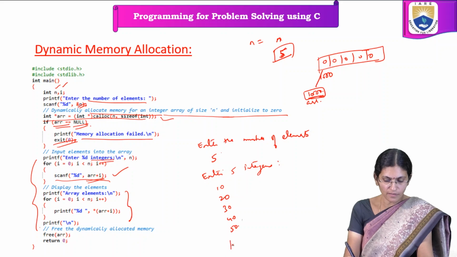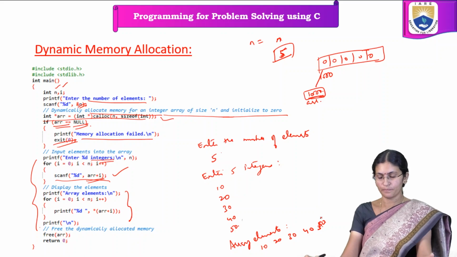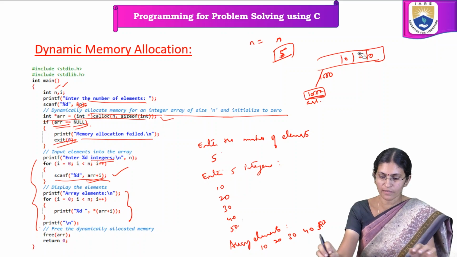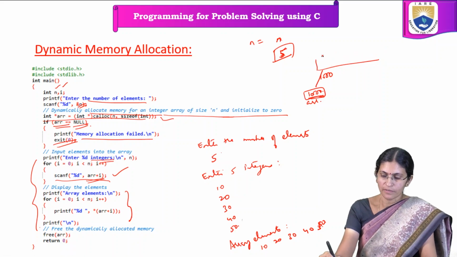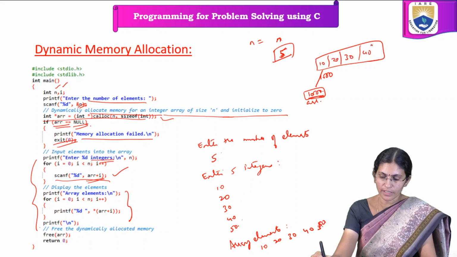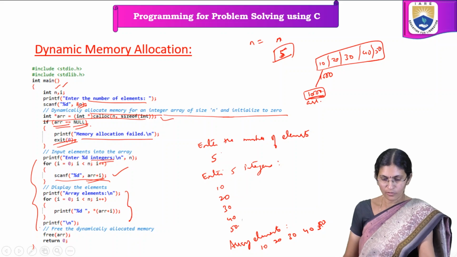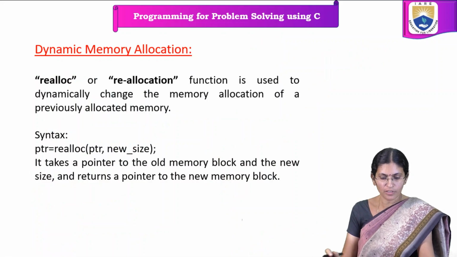The output is the array elements, which will be printed as 10, 20, 30, 40 and 50. This is the output of the program. In this way, the calloc function works.